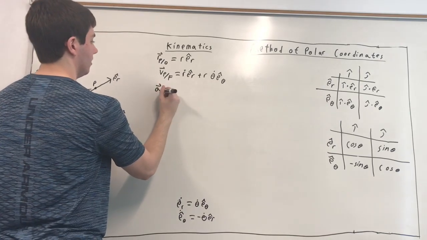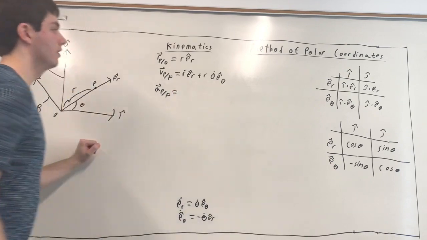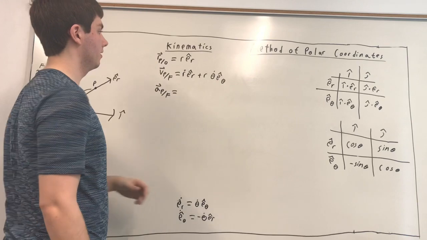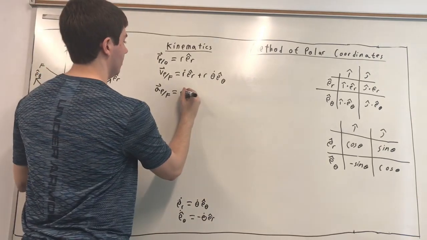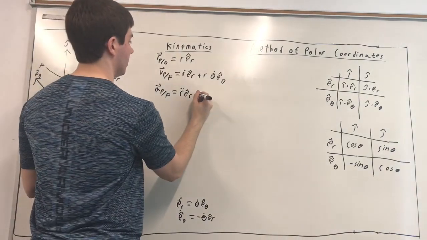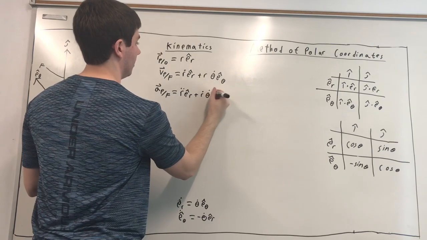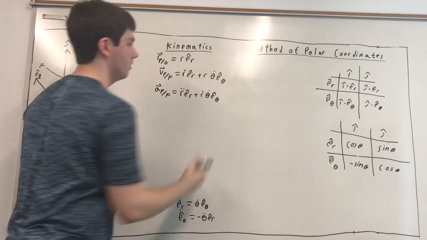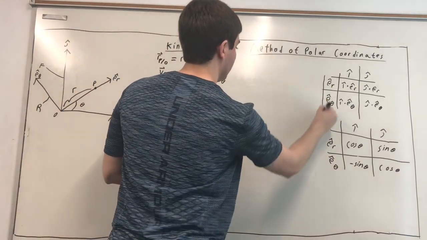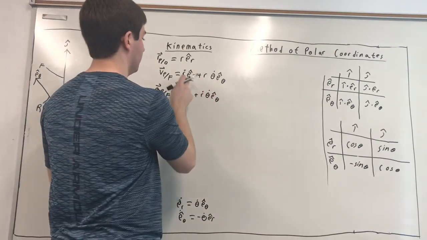So you have the acceleration of p with respect to the fixed frame equals, let's see what we got here, product rule and another product rule over here. So r double dot e hat r plus r dot theta dot e hat theta. Take the derivative of this. So this was that.